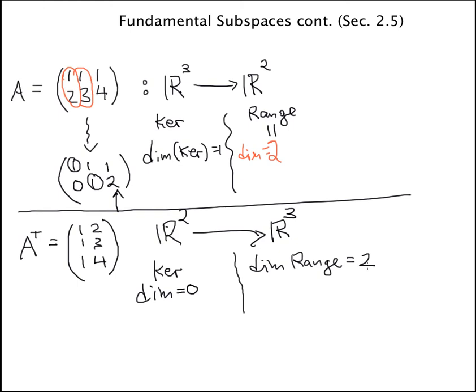Well, the first thing to notice is that these subspaces don't really have anything to do with each other. So the way I've drawn it here, I have my R3 here and my R3 here.